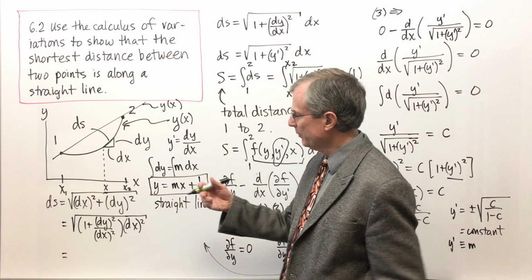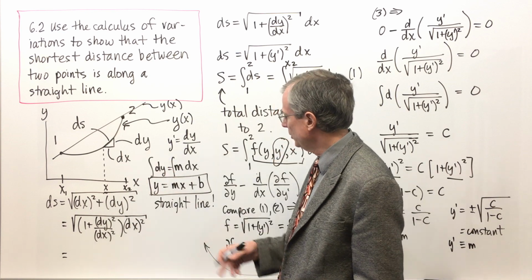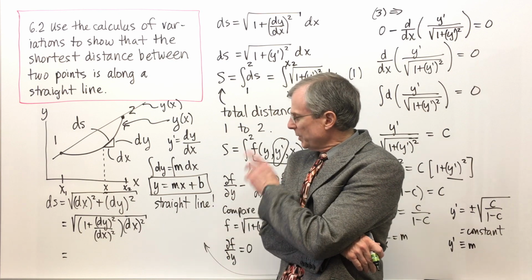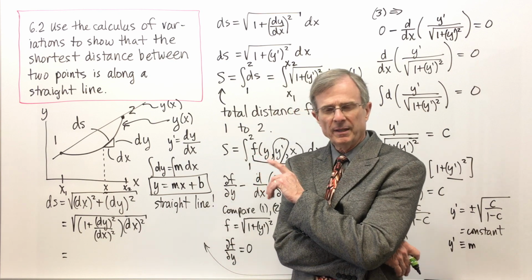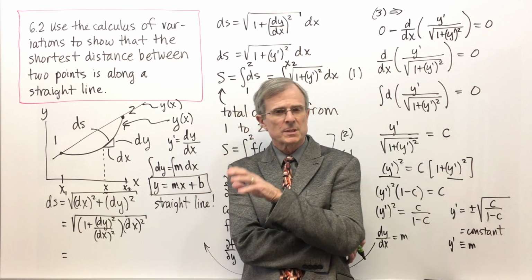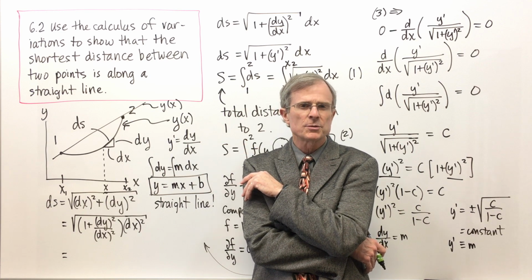You have two pieces of information. It has to pass through point 1 and it has to pass through point 2, and you have two constants to make sure that that happens. So we have just proven that the shortest distance between 2 points is along a straight line that runs between those 2 points.